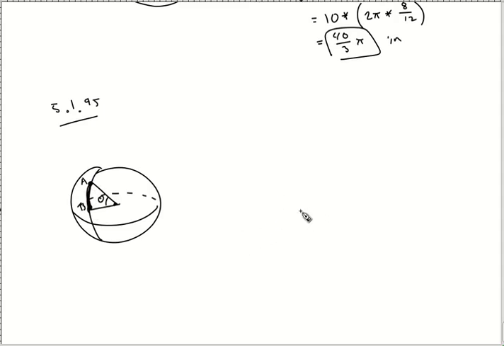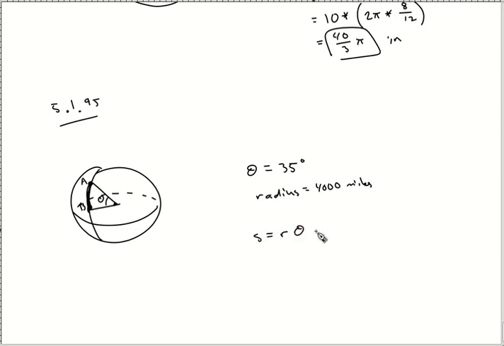Okay? So let me give you some answers. The angle theta right there is 35 degrees, and it says the radius of Earth is equal to 4,000 miles. I think it's like 3,960 or something, but 4,000 is super easy to do.